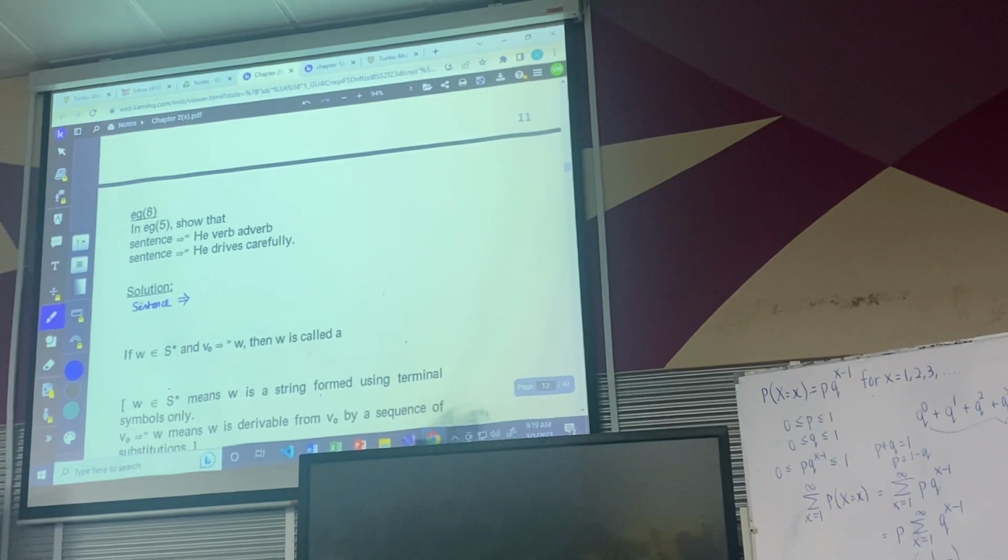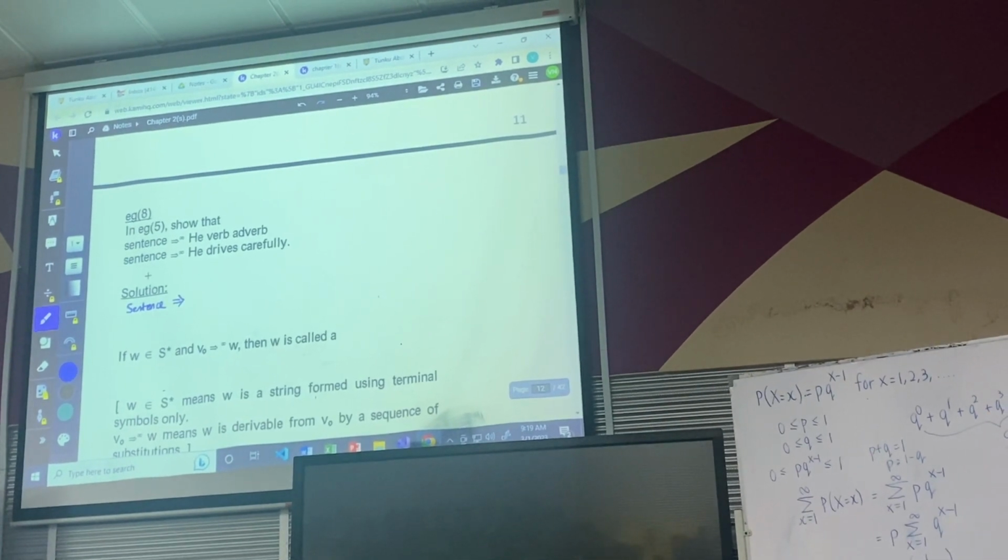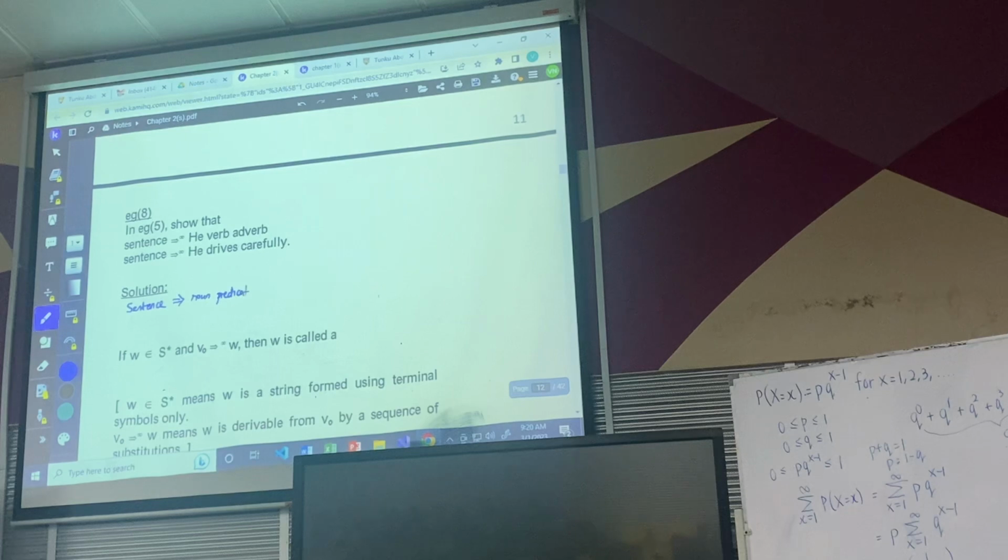The substitution for sentence splits into two parts, noun and predicate. Then after that, one substitution each time. Substitute the noun first with he, right?